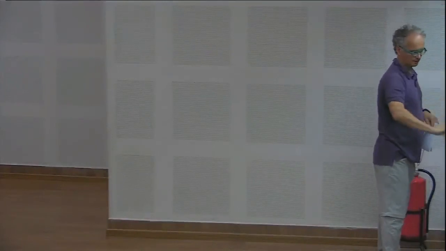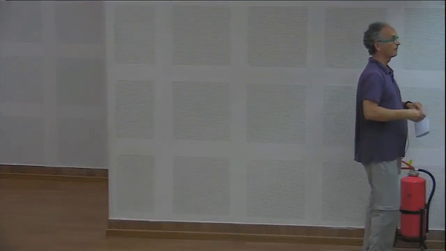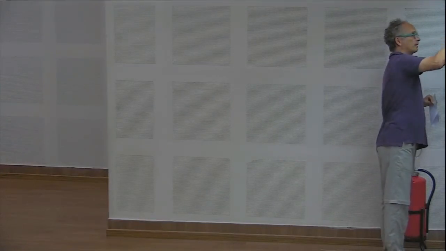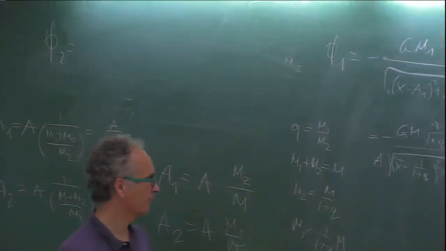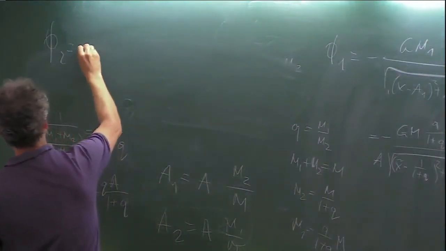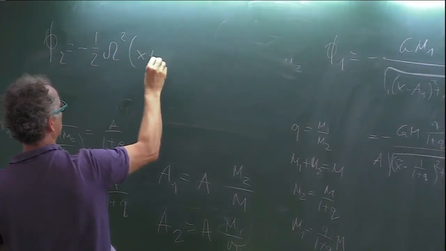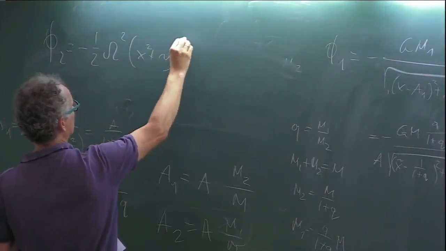And now, the third part of the potential, phi3, is minus 1/2 omega squared (x squared plus y squared).